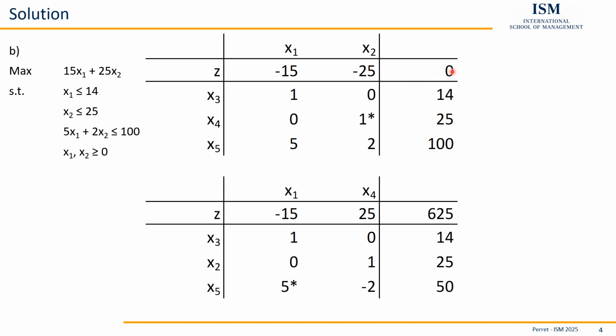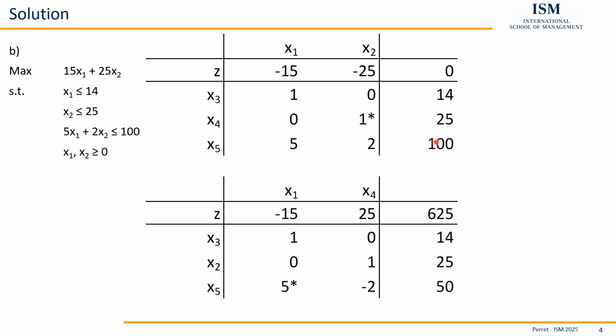And then we're going to take the original element we wanted to change, minus this corner times that corner divided by the pivot element. So in our situation, 0 minus -25 times 25 divided by 1. Minus minus gives plus, so we have 0 plus 25 times 25, which is 625.